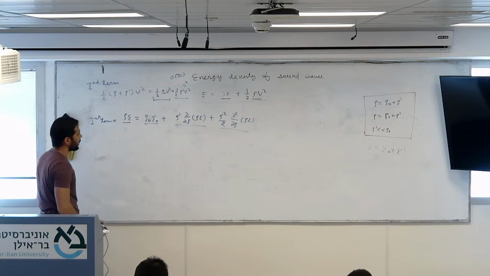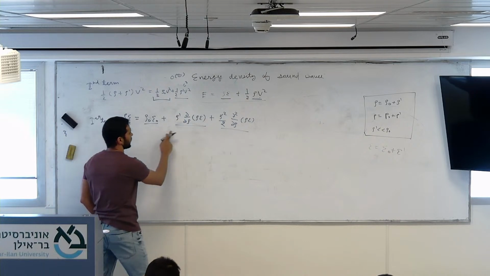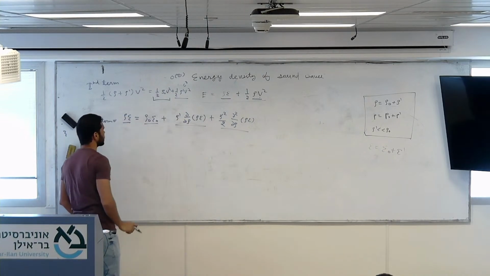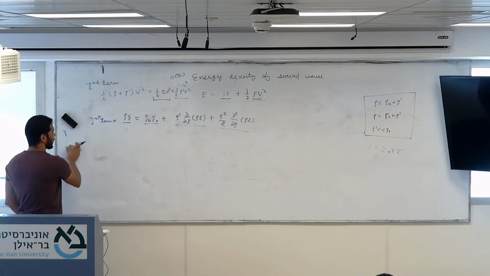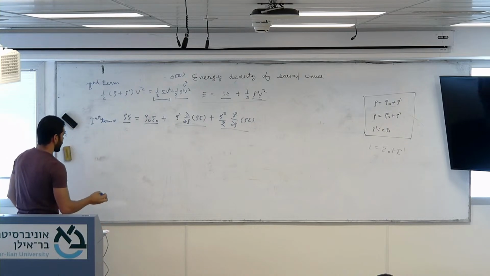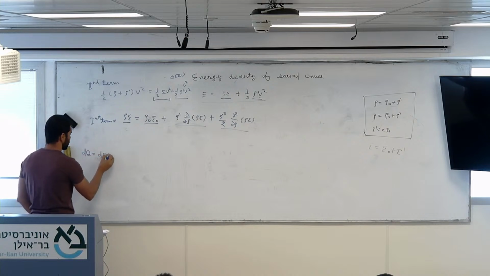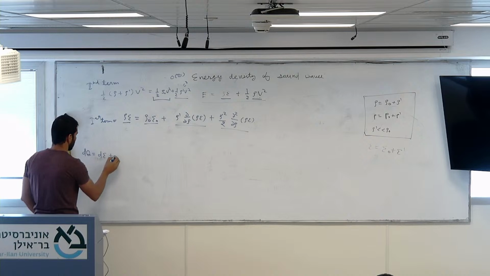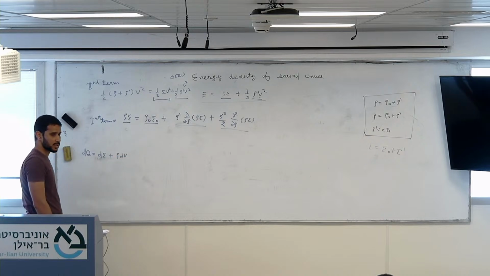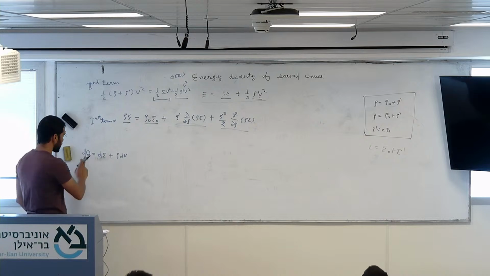Alright. Now we have to solve this. So when you give heat to a system, this is the first law of thermodynamics. Heat goes in two parts.